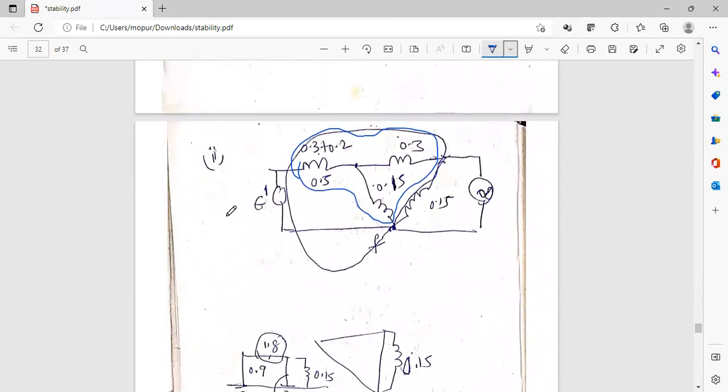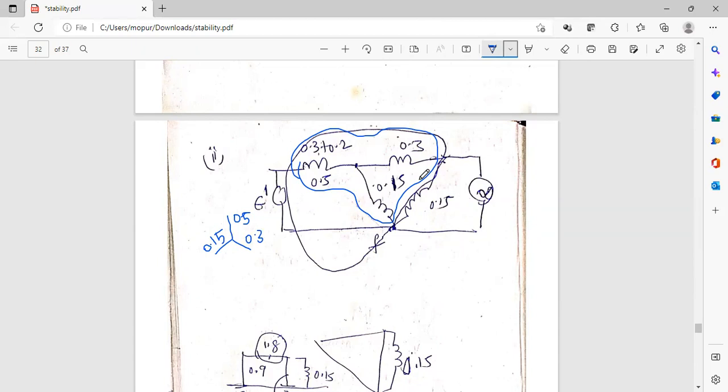Now, here you had a star like this. Here we had a 0.5, and then here you have 0.15, and here you have 0.3. Now you need to convert this star into delta.